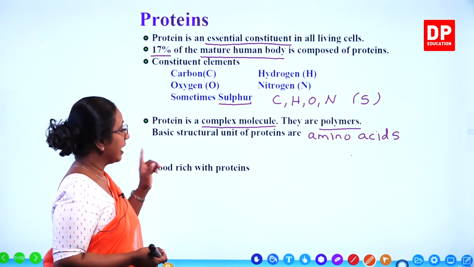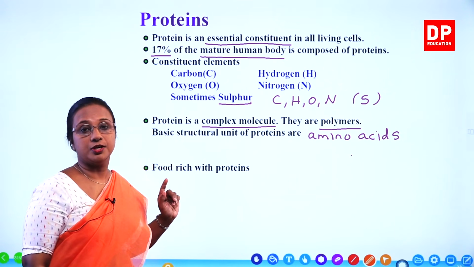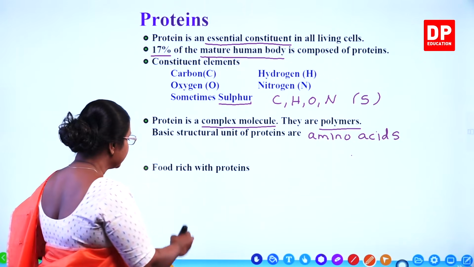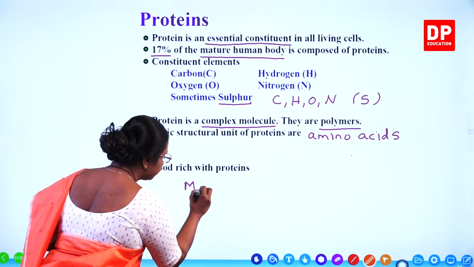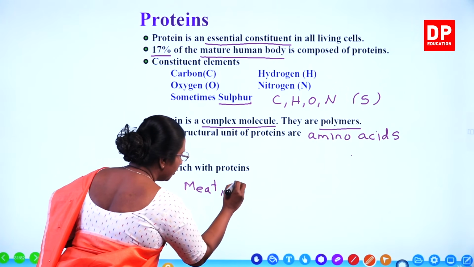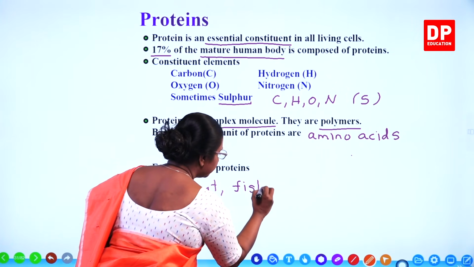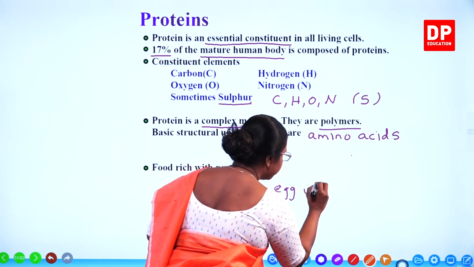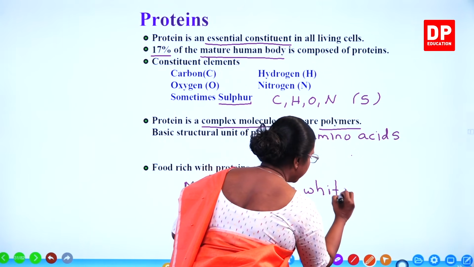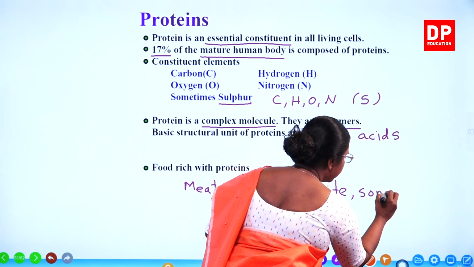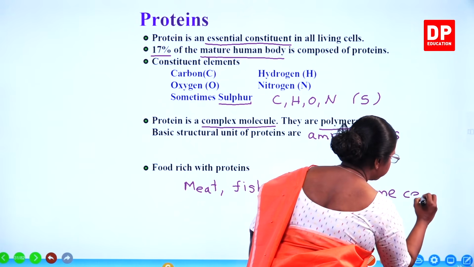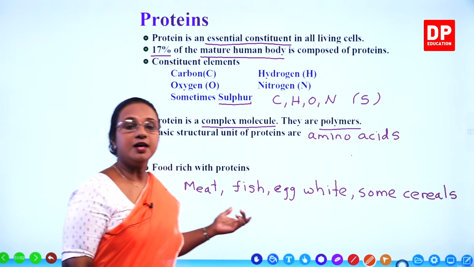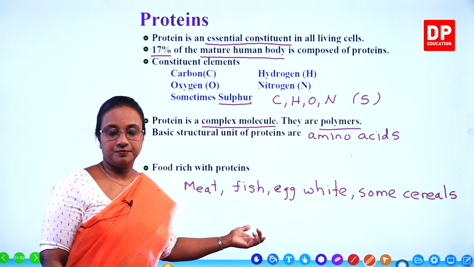Foods that are rich in protein include meat, fish, egg white and some cereals. These are all rich in protein.